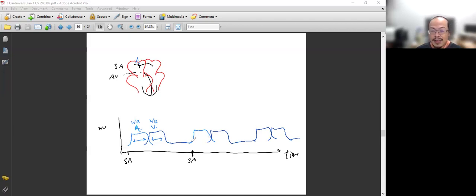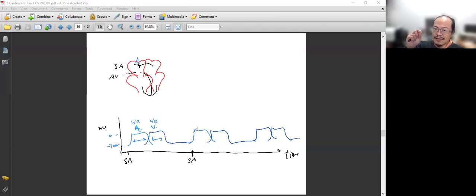When each cell generates an action potential, this depolarization, it changes its own membrane potential. It changes from negative 70-ish millivolts to about 0.